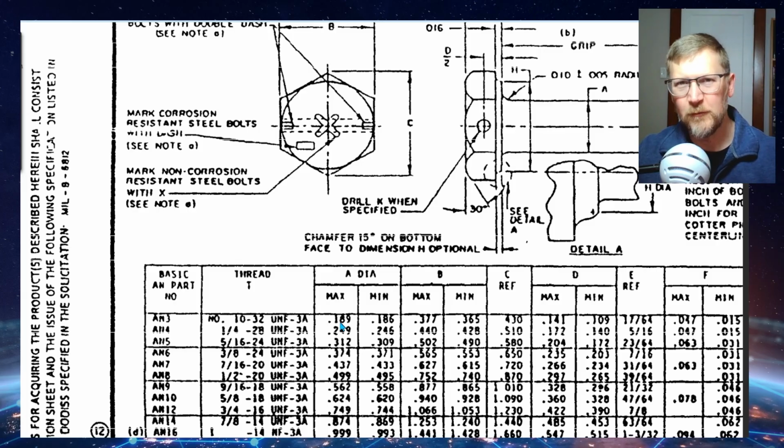If you're using one of these and you want to pull up the spec, you can pull this old Army Navy spec from the federal government's ASSIST QuickSearch site. If you search ASSIST QuickSearch on any browser, it should bring you to a website that allows you to search government specifications from the U.S. government, and you can find this document in there.